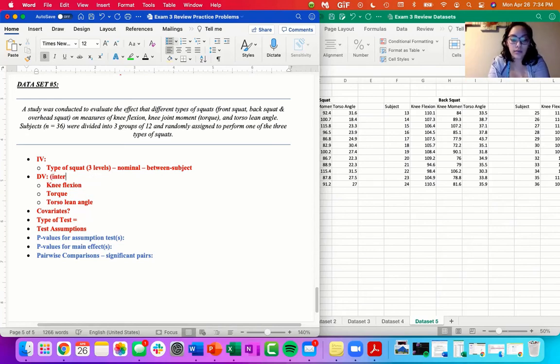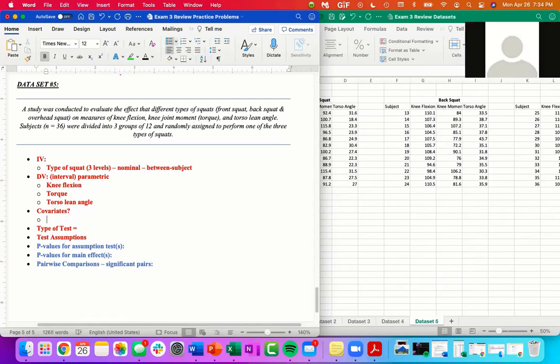So you could say interval, or to make your life easier, if you don't know, you can just put parametric. Also acceptable. Wait, sorry, did you say ratio wasn't correct for that one? Yeah, because you can have a torque of 0, because the sign in torque is representing direction. Technically we're looking at knee joint moments, so moments can be positive or negative.